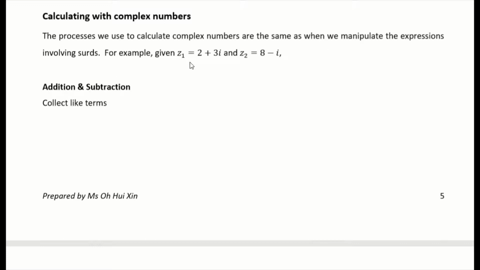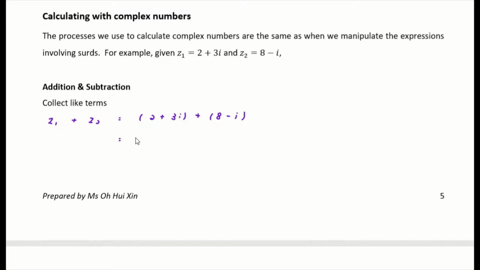Alright, so for example, say the first complex number is given as 2 plus 3i and the second one is 8 minus i. When we do addition and subtraction, it's just the same thing. We just collect the same terms, then do the addition and the subtraction needed. If we are going to do z1 plus z2, then I will have 2 plus 3i plus 8 minus i.